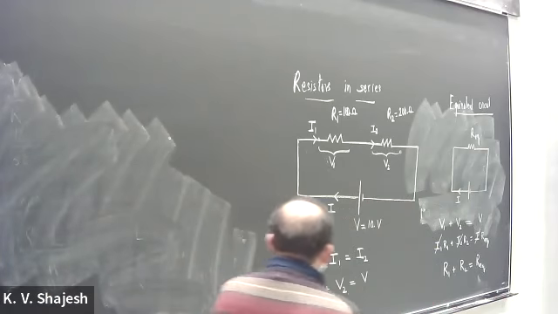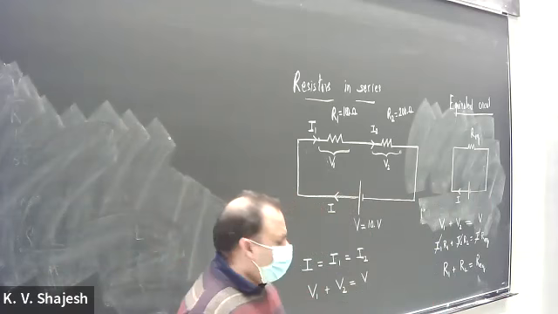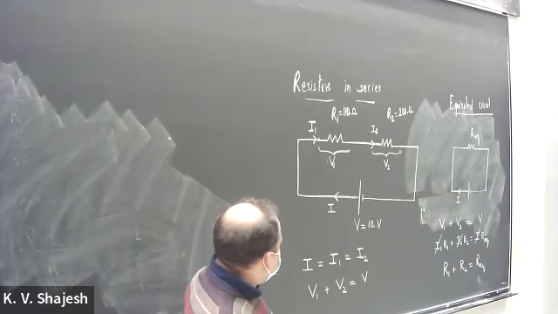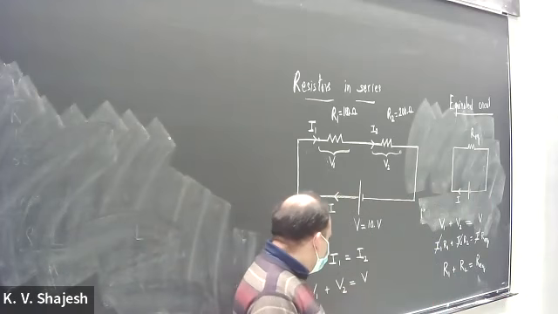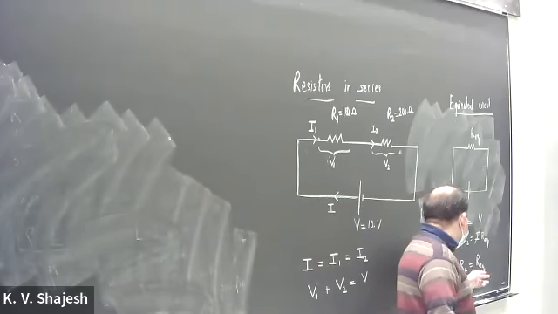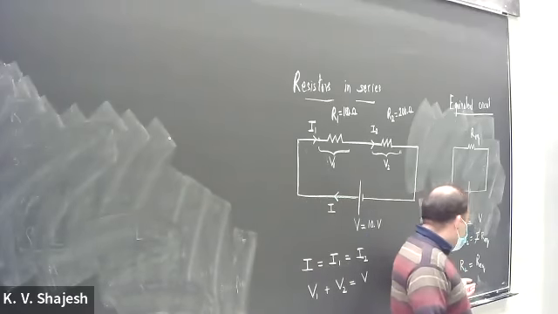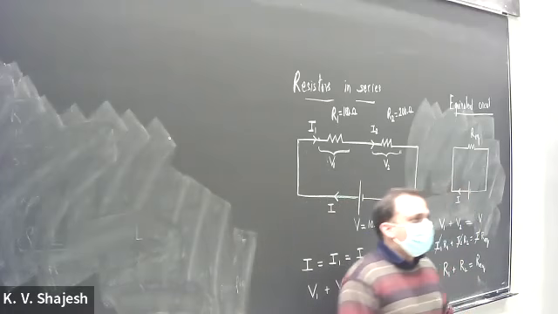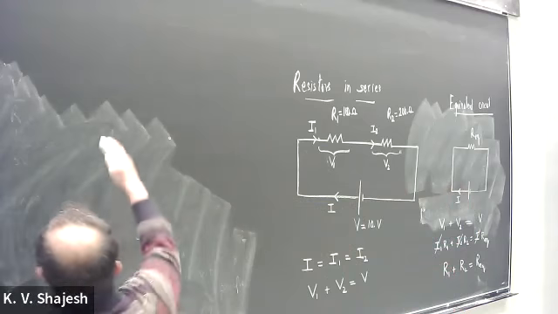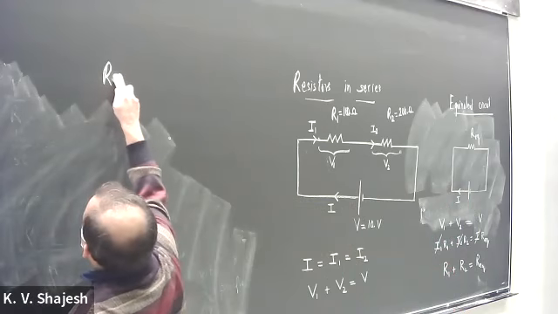All these were equations. If you want, you can memorize them, but it is good to deduce them for each problem. Voltage distributes, current is the same, and resistances don't distribute, they add up to an equivalent resistance. So let's calculate our equivalent.